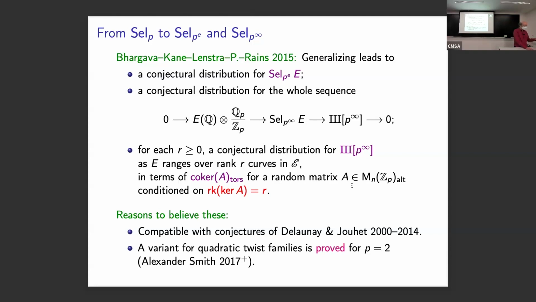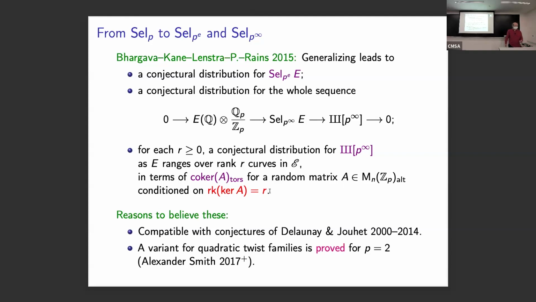And not just any random matrix: to get the distribution for rank r elliptic curves, we think you're supposed to take a random matrix conditioned on the rank of the kernel being r. Because of this result, we believe that the rank of the kernel of a random matrix should behave like the rank of the elliptic curve.